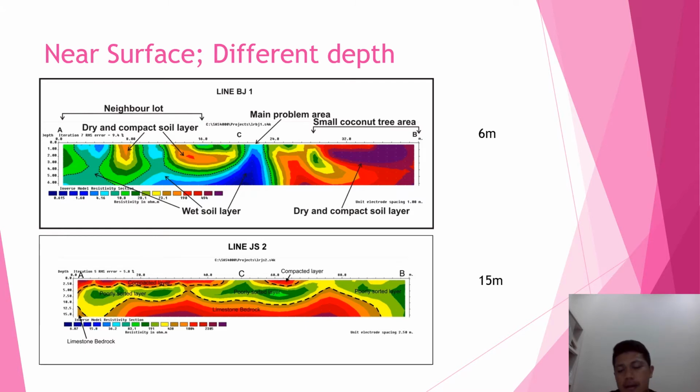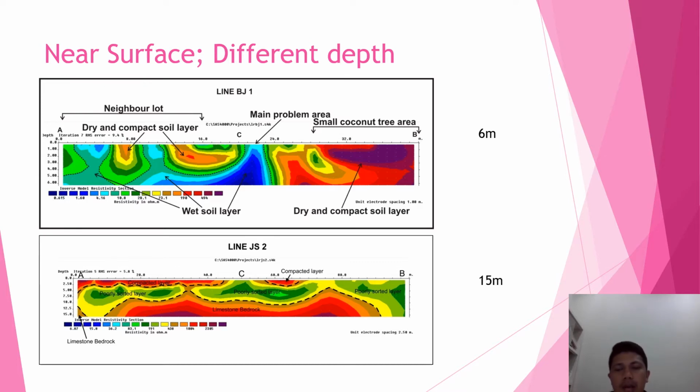Okay, because we discuss the near surface, how can we say how near actually. So certain results can be presented maybe 6 meter, 50 meter, as shown in this figure.